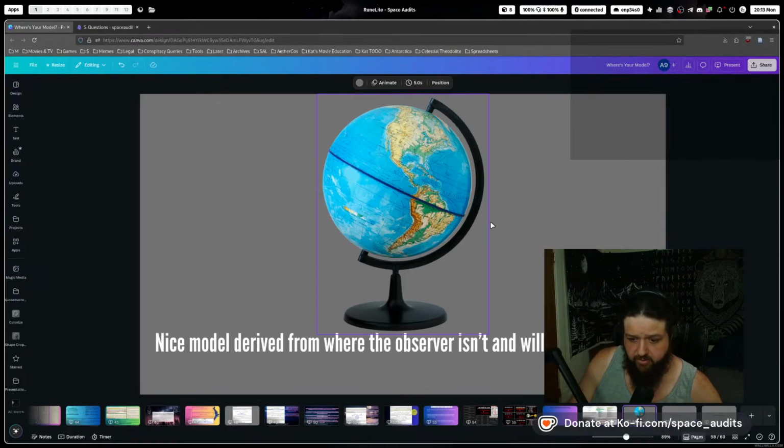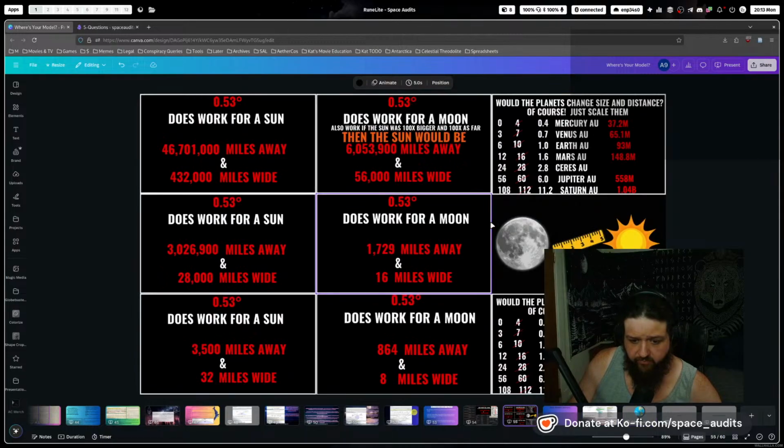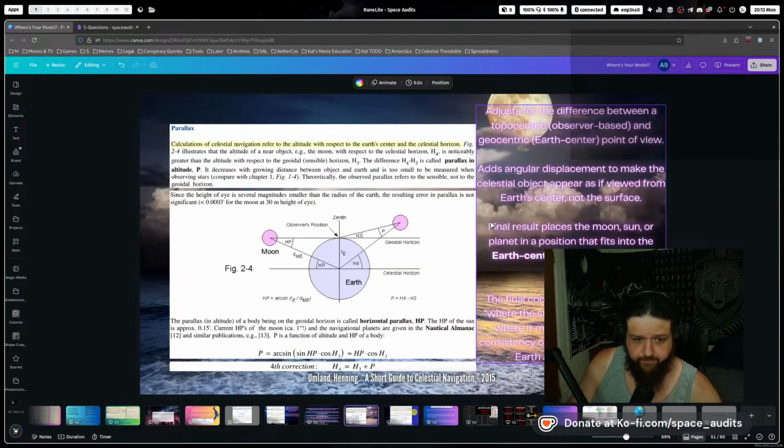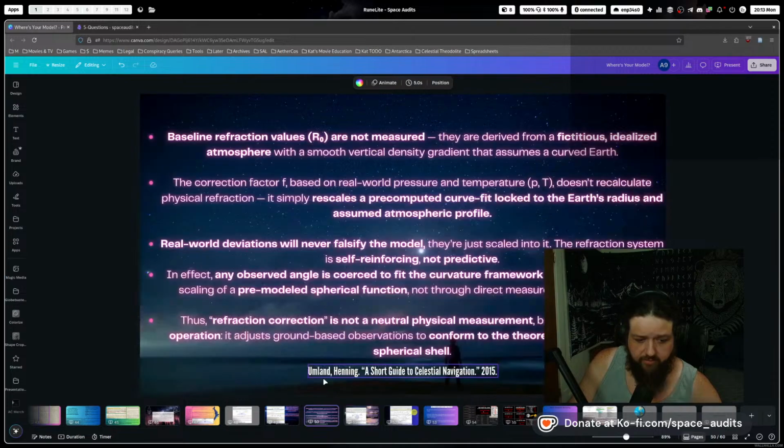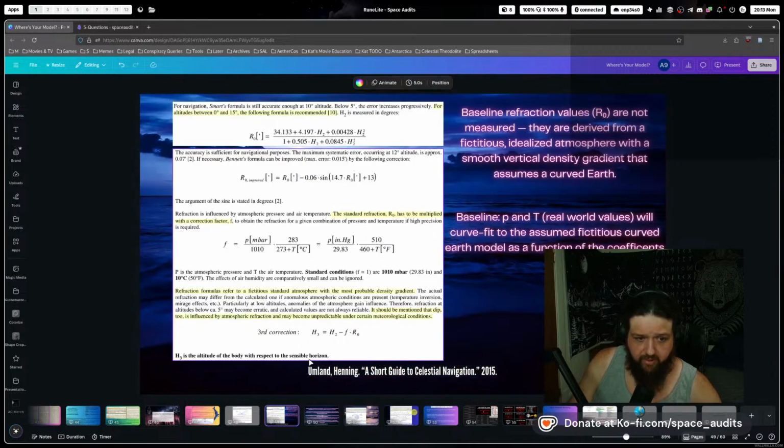All right, now we will get into the refraction aspect of it. Okay, so we covered the terrestrial refraction and the celestial refraction aspects of it, which come from these equations here. So one was given by Smart's formula, which I think is the one that Jesse's using for his simulator.